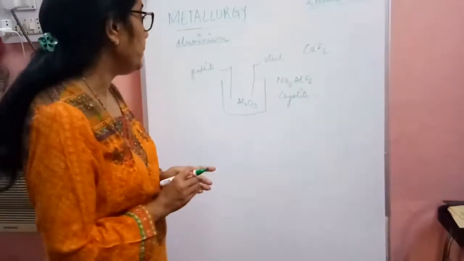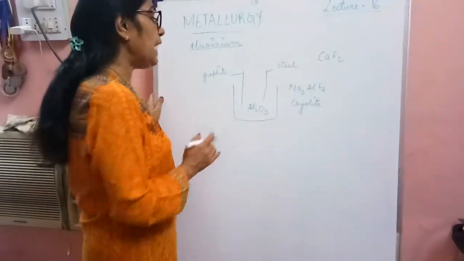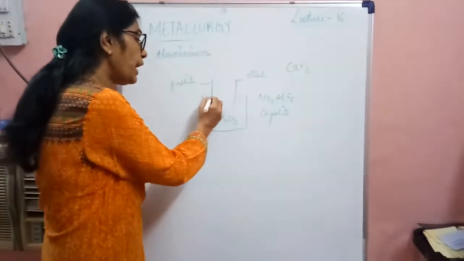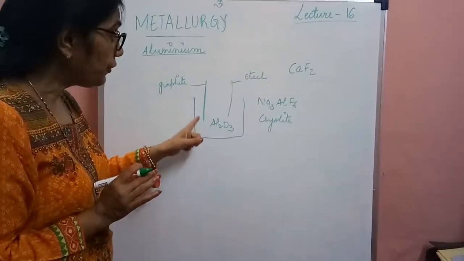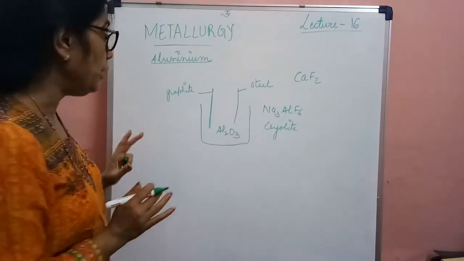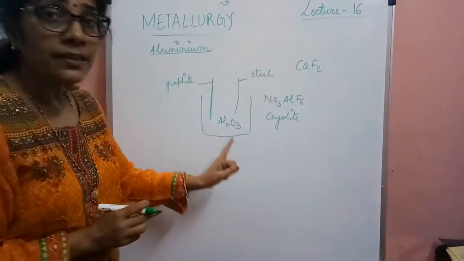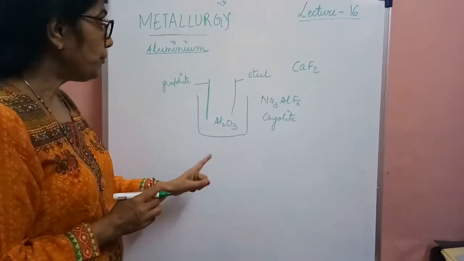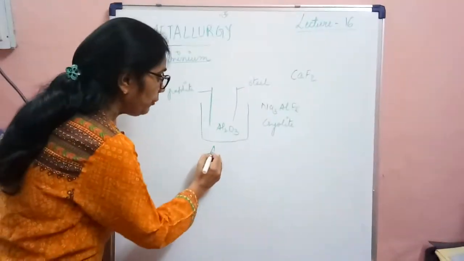Apart from that, one more very important question in the exercise is: what is the role of graphite rod during electrometallurgy of aluminium? So graphite rod acts as an anode. Apart from that, it acts as a reducing agent. How come?